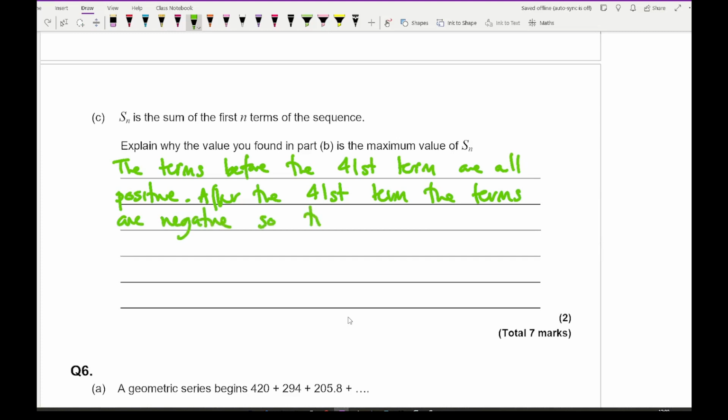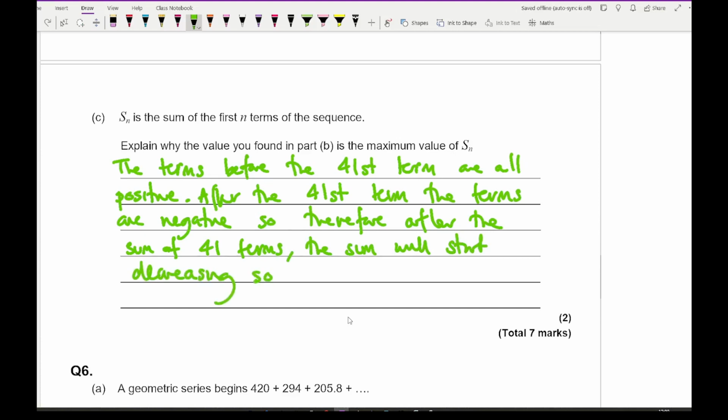So therefore, after the sum of the 41 terms, the sum will start decreasing.